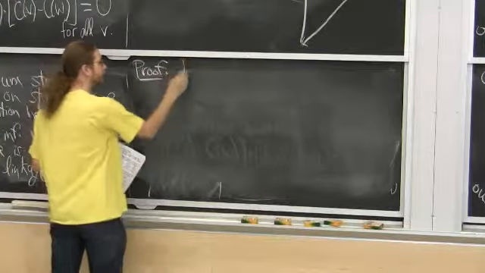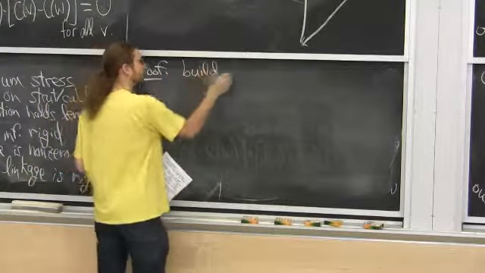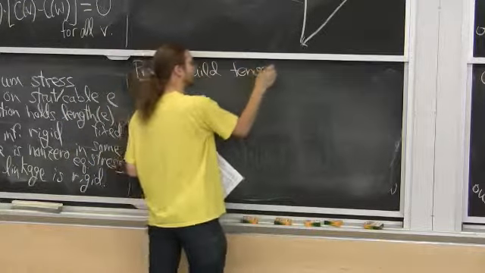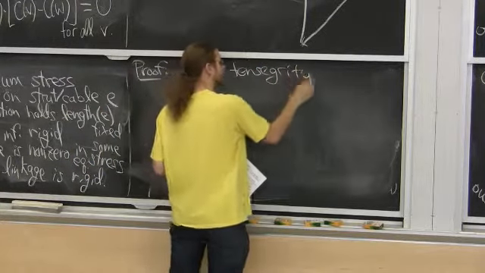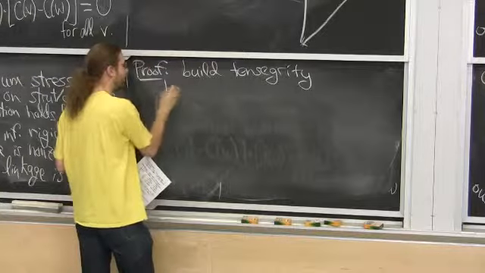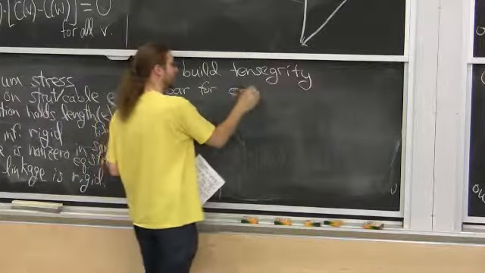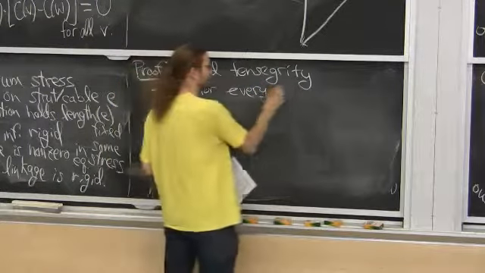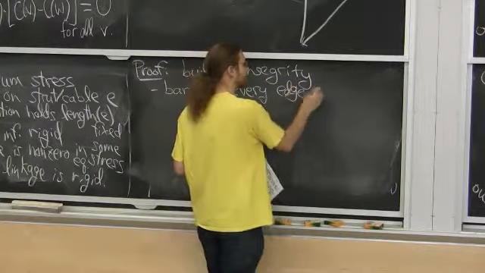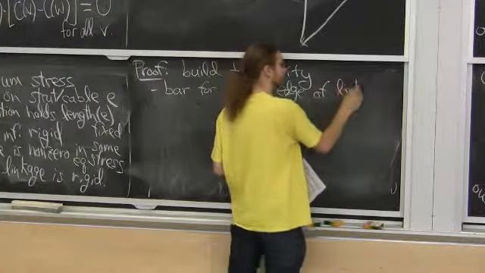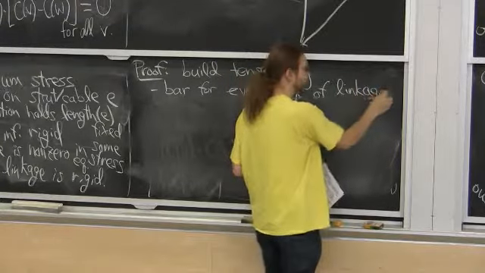So what we're going to do is build a tensegrity. And it's going to have a bar for every edge of the linkage, the given linkage. So that's just the same thing as we had given.